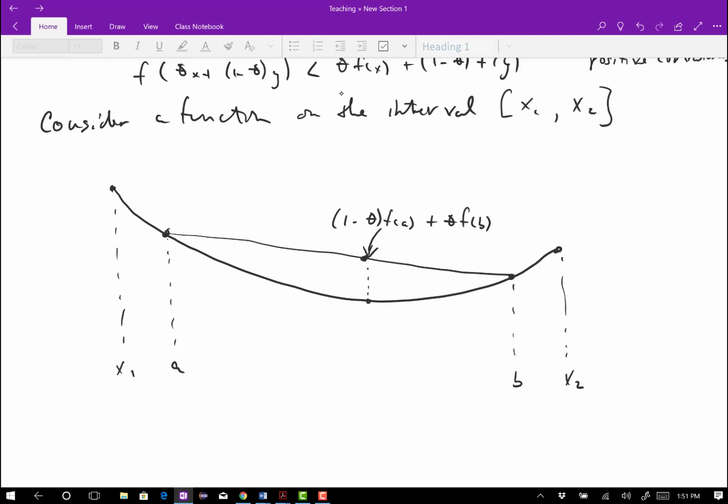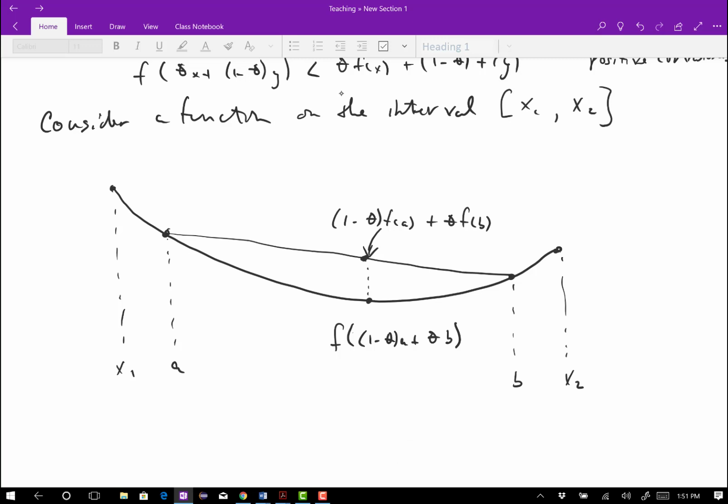And then we can talk about the point straight down from that, which would be f of 1 minus theta A plus theta B. What the definition is telling us is that all the points along the line segment AB must lie above the points on the function f in the domain defined by the interval.